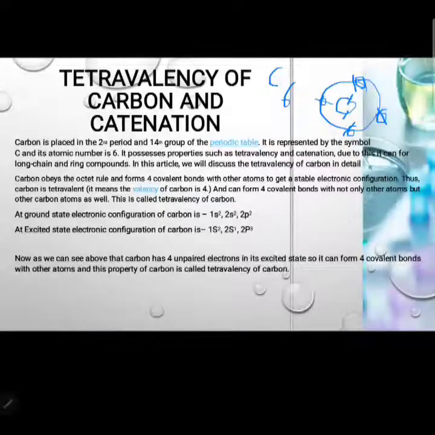So you can marry from the left-hand side, and that is why carbon will always form bonds, as you can see here to form methane. It can form bonds with so many other things. So tetravalency of carbon simply tells us that carbon has 4 valence electrons and they are willing to bond with other elements. That is tetravalency for you.